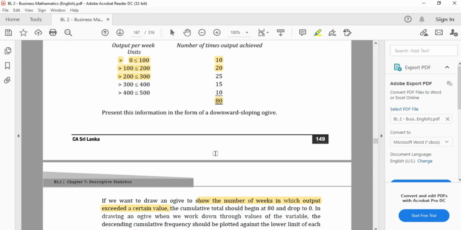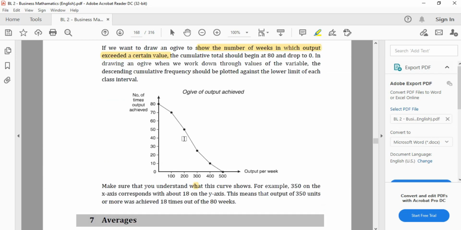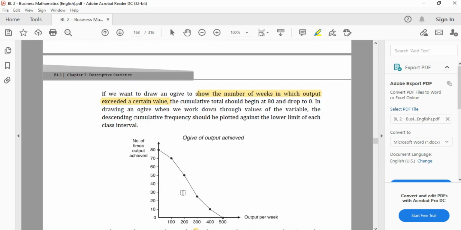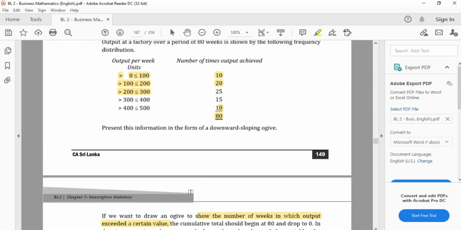Well, you must be wondering, I could draw it straight upwards. But as you see here, it's starting with 10 and reducing at 10. So if you try to draw it upwards, it will become something like a curve. If you drew upwards, you will start with 10, then plot up to 20, then what else?